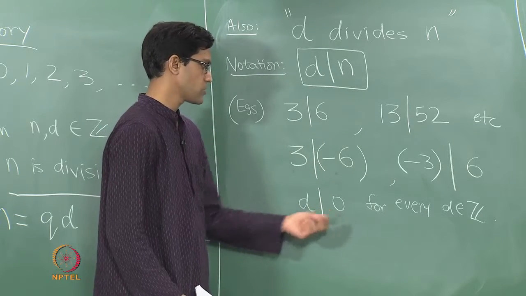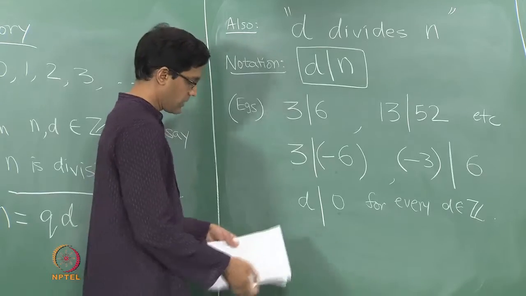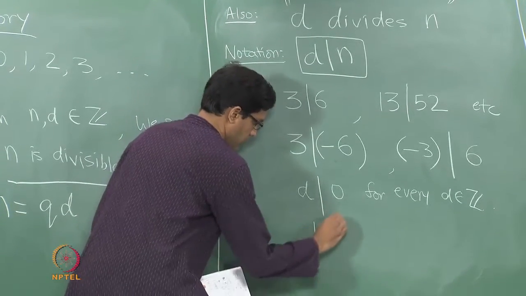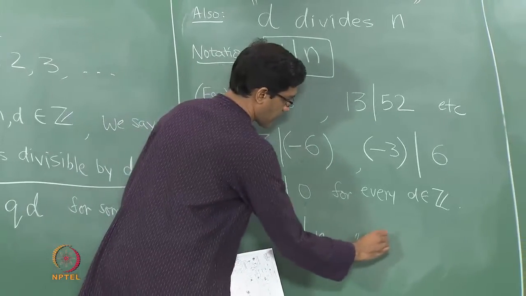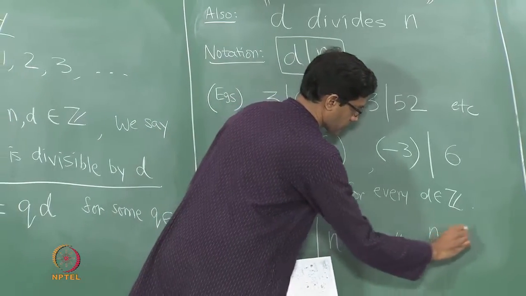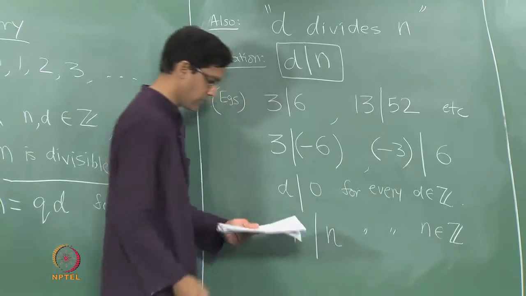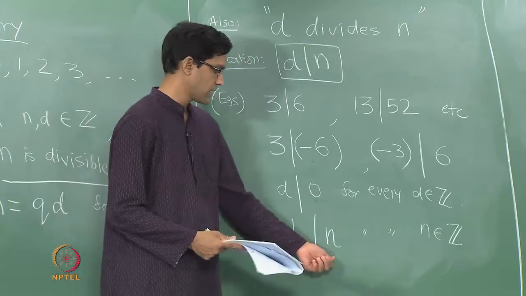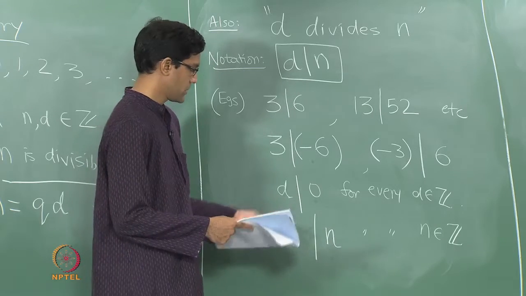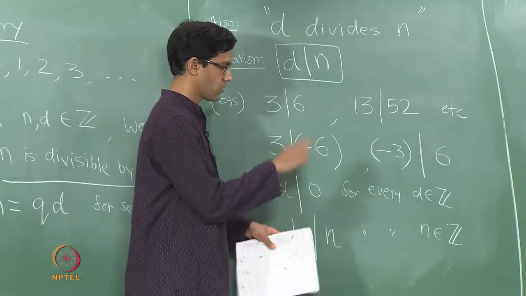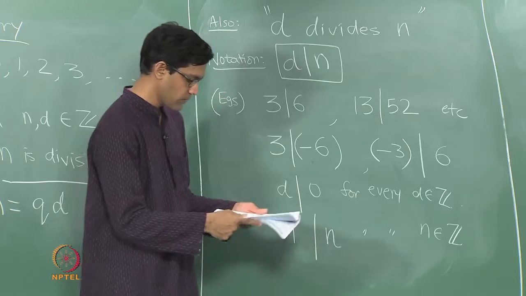So 0 is a multiple of every number. Similarly 1 divides every number n. So 1 divides n for every n in Z. Every number is a multiple of 1, because n can be written as 1 times n. These are, as I said, the borderline cases to keep in mind.